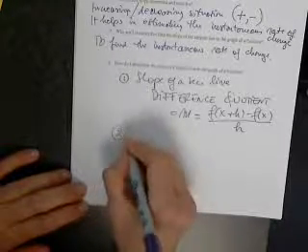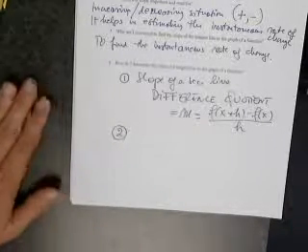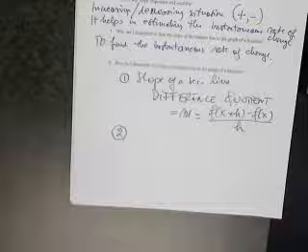Then, after I find this, what mechanism do I use? I have 2 here, and I'm going to determine the slope of the secant line between 2.1 and 2. Then I'm going to get even closer, 2.05 and 2. Then even closer, 2.01 and 2, and then 2.001 and 2.